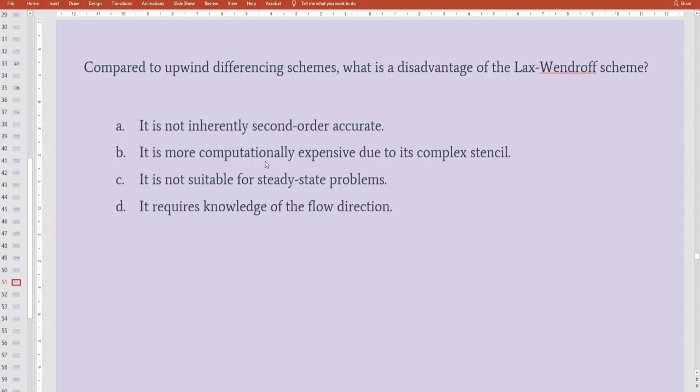Option B, it is more computationally expensive due to complex stencil. Option C, it is not suitable for steady state problems. Option D, it requires knowledge of the flow direction. You can try to solve the question.